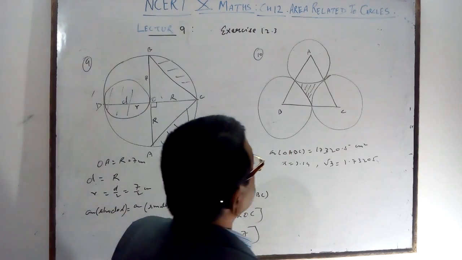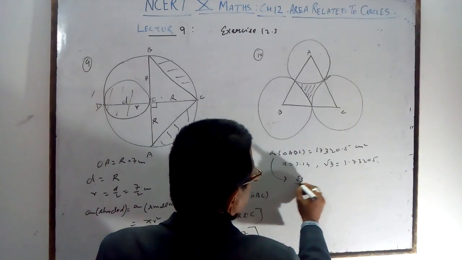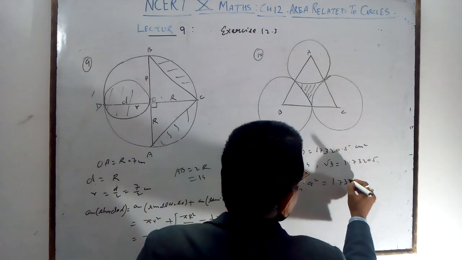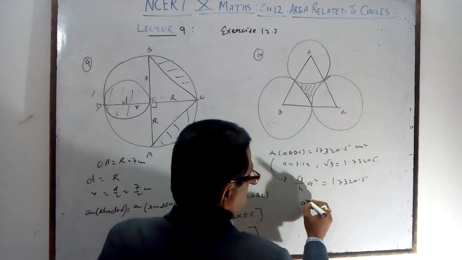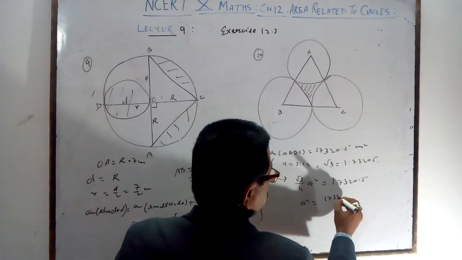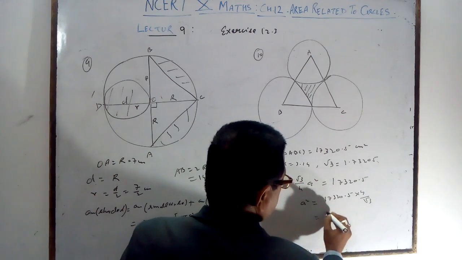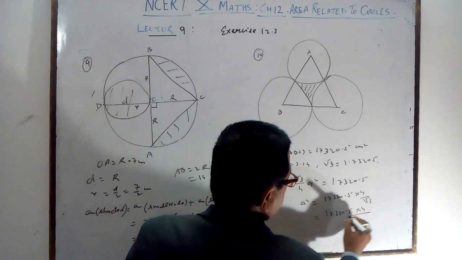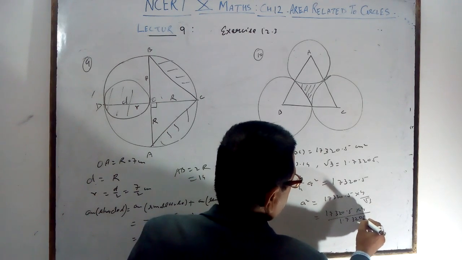Very important thing. First of all, you find out the area of the triangle, which is given: root 3 by 4 a square is equal to 17320.5. So a square will be 17320.5 into 4 upon root 3. Put the value of root 3, 4 upon 1.73205.